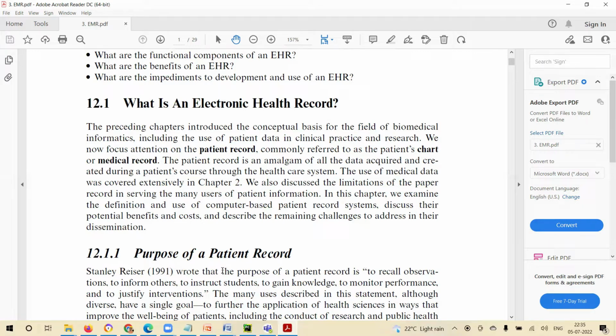So these are the three people. Then the hospital admin can also see which resources are available, which rooms are free, and create any kind of report.